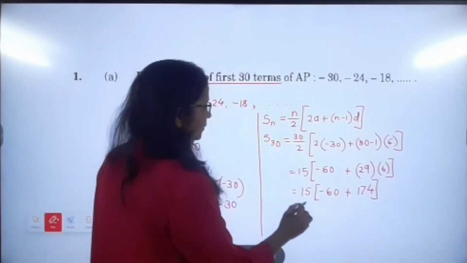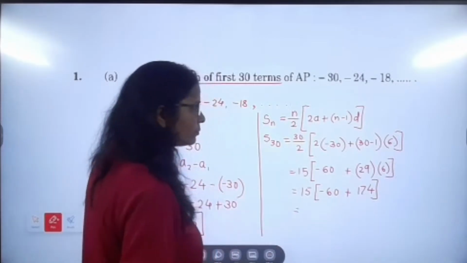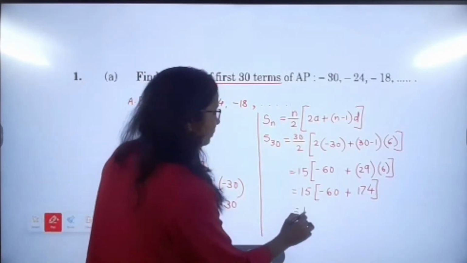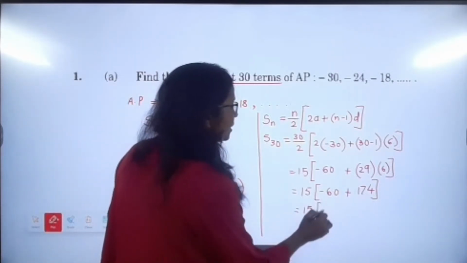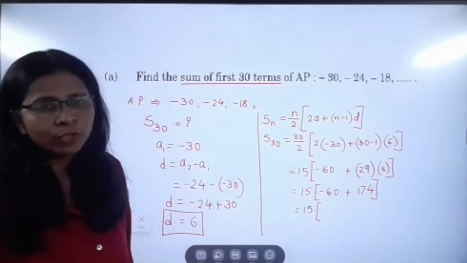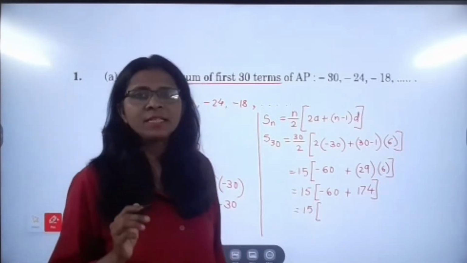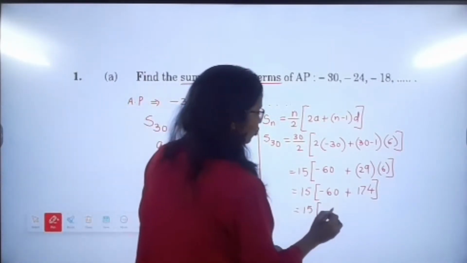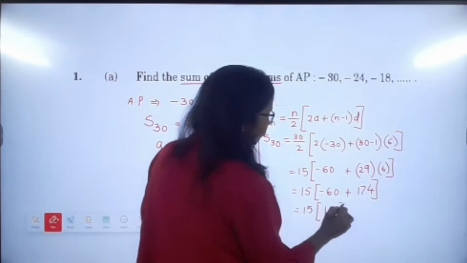So 15 times the bracket minus 60 plus 174, and that means 114.